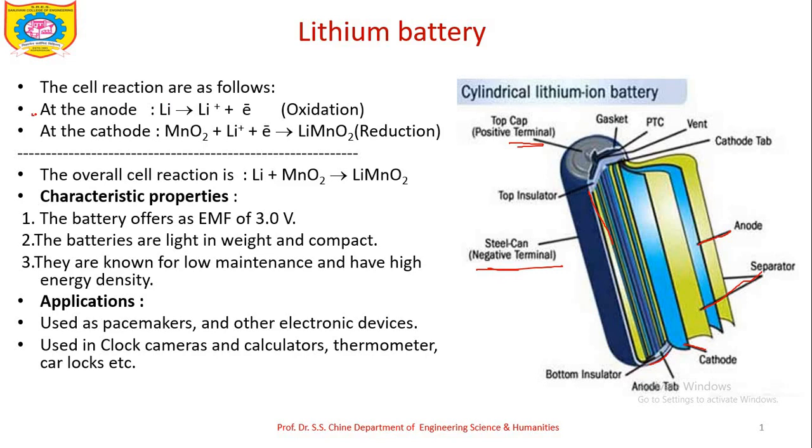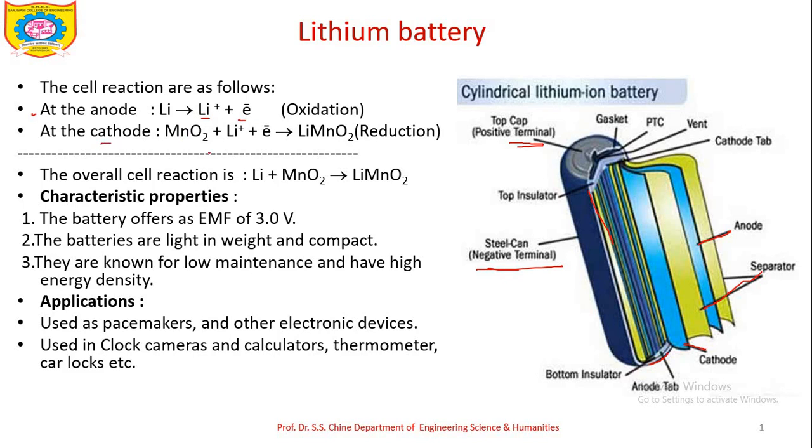At the anode there is an oxidation reaction. Lithium metal undergoes oxidation and forms lithium plus and an electron. It is monovalent, so one electron is formed.